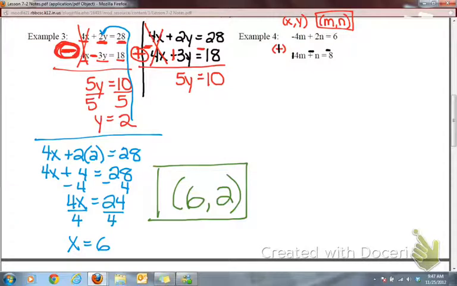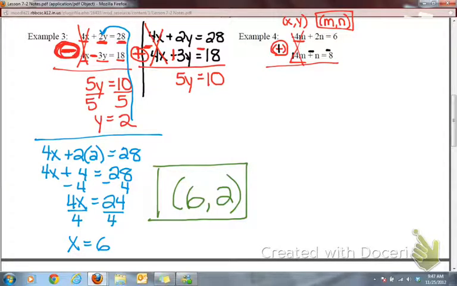That way the m's truly do disappear. So this would be a negative 4m plus positive 4m. That's negative 4 plus 4, which is 0. So our m's go away, which is what we want.